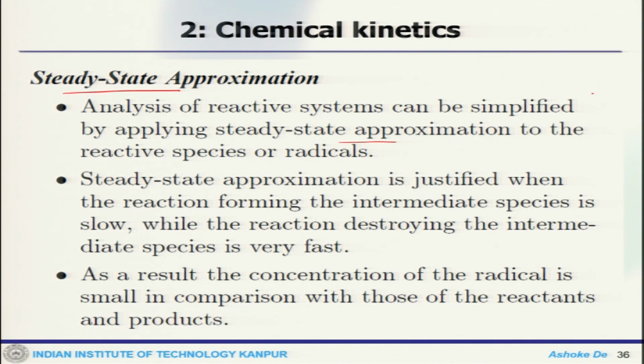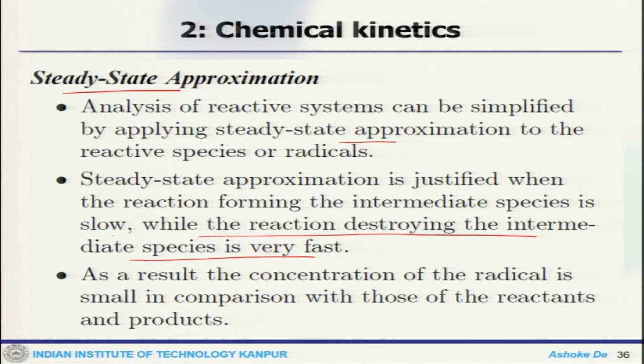Steady state is also justified when the reaction forming the intermediate species is slow, while the reaction destroying it is very fast. That means whatever is formed is getting consumed at a faster rate. So, this is quite a good use of approximation.